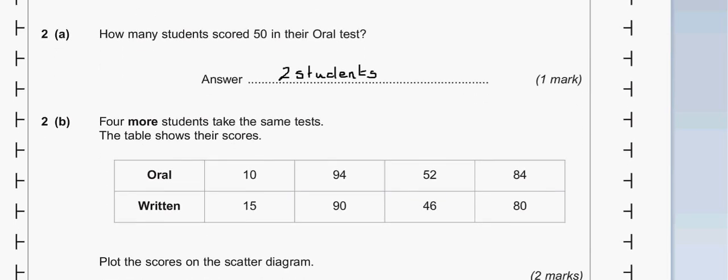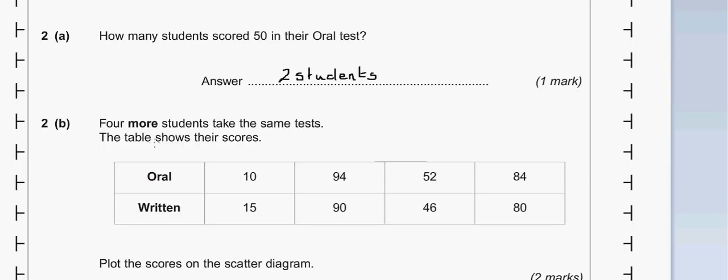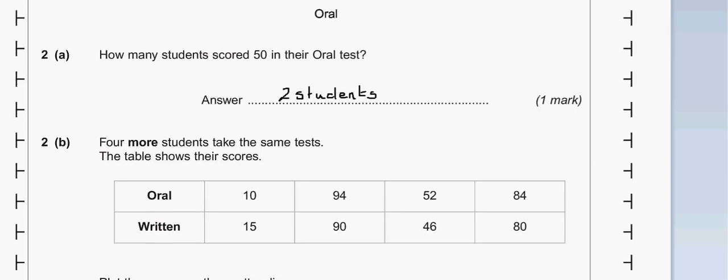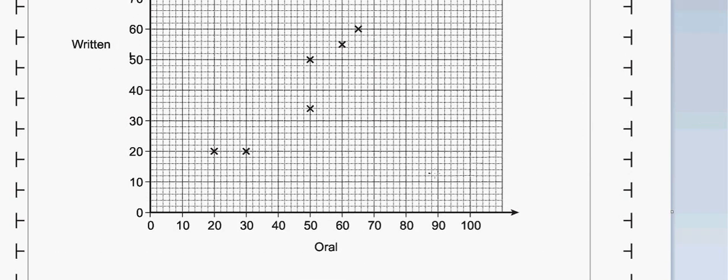Now it says here 4 more students take the same test and the table shows their scores. So we have to plot these scores on the scattergram. One student got 10 on the oral and 15 on the written. So that would be around there.